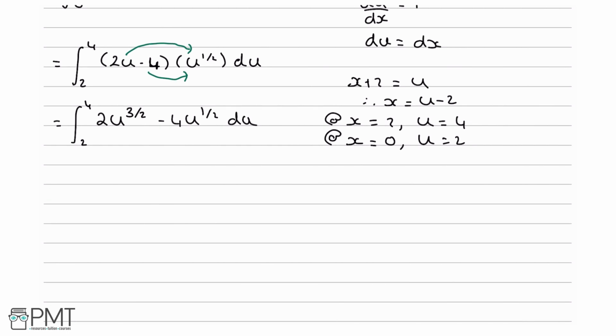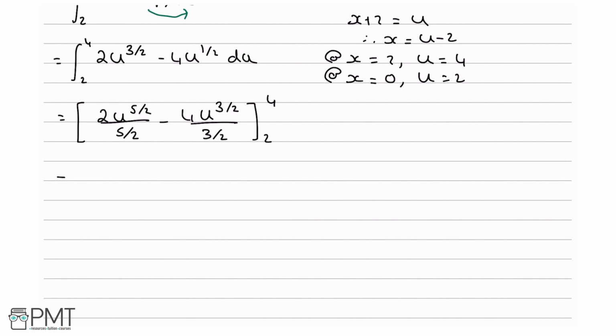Evaluating this integral, we will end up with 2u to the 3 over 2. So you add 1 to the power, divide by the new power, so we will get 2u to the 5 over 2 divided by 5 over 2, minus 4u to the 3 over 2 divided by 3 over 2 again, from 2 to 4.